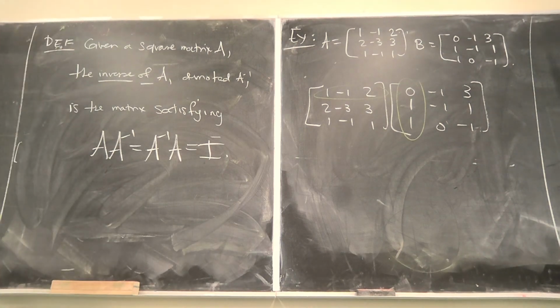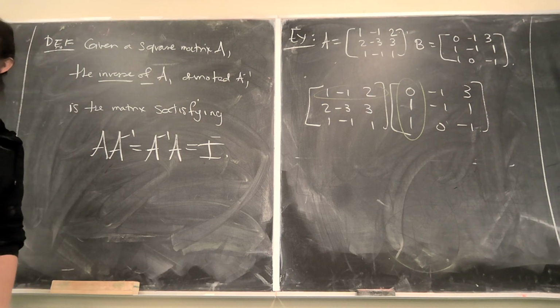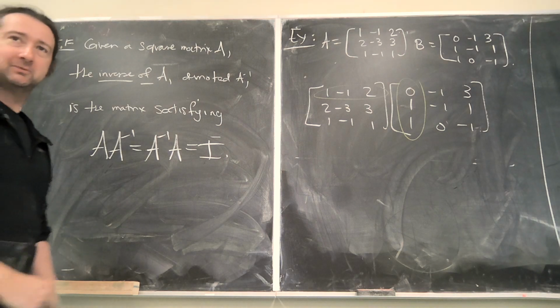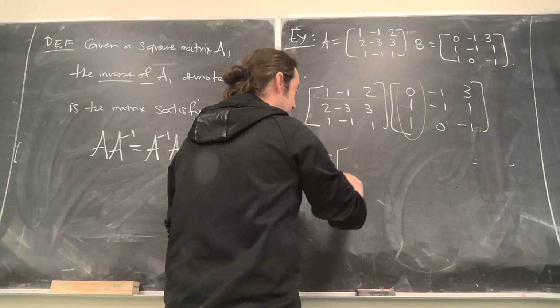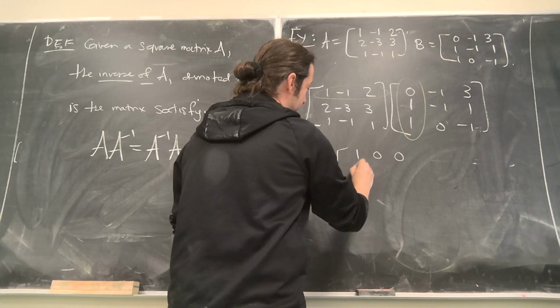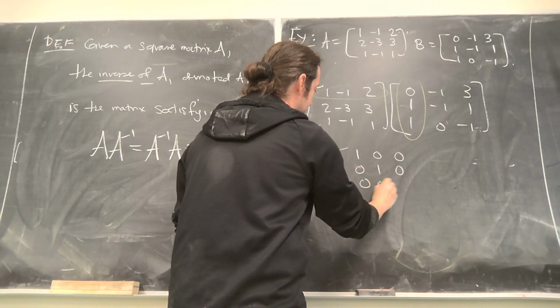At least in the 1, 1 entry, we get 0 minus 1 plus 2, which is 1. Since it's true for one of the entries, it must actually be the identity matrix. If you go through the process of actually doing this calculation, you get out 1, 0, 0, 0, 1, 0, 0, 0, 1.